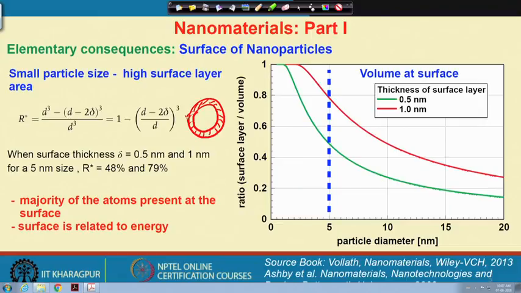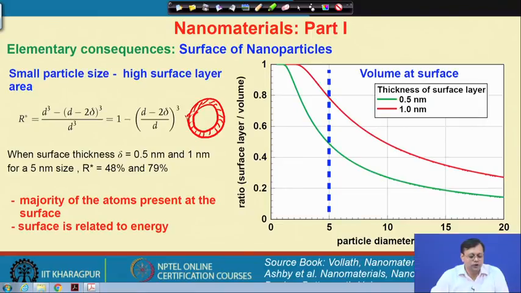We can estimate it. So, R star is basically the ratio of the volume near the surface divided by the net volume.